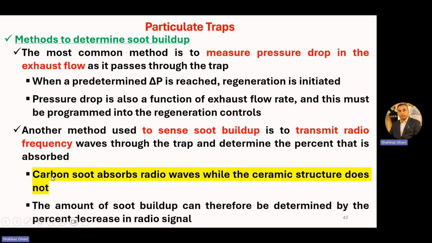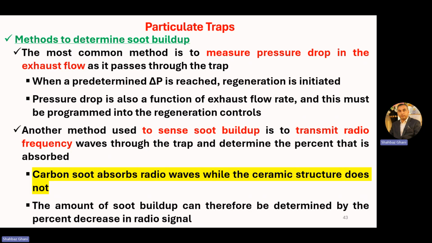The amount of soot buildup can therefore be determined by the percent decrease in the radio signal.